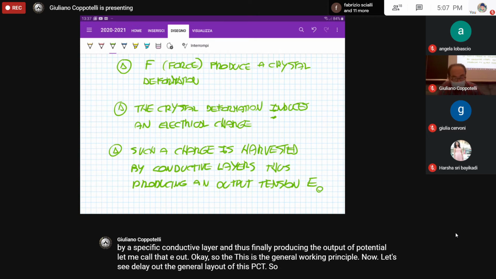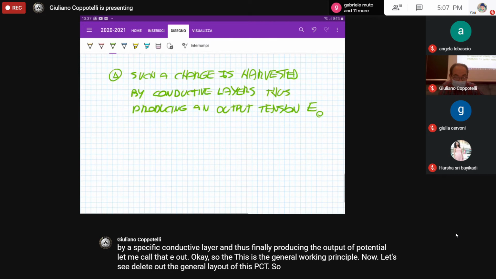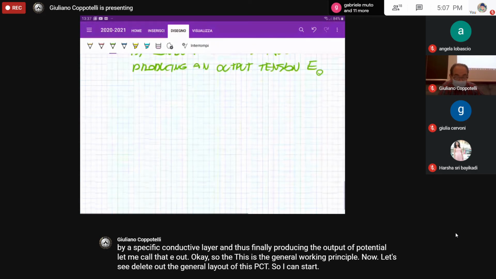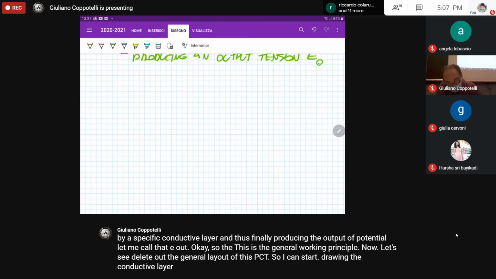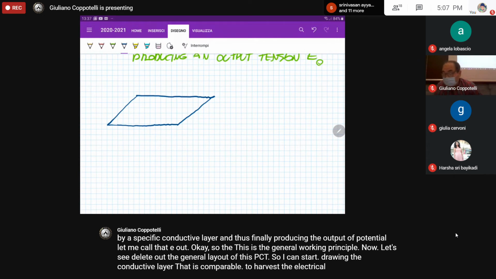So I can start drawing the conductive layer that is capable to harvest the electrical charges.